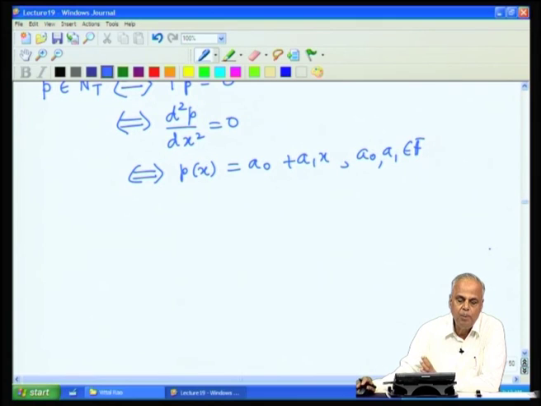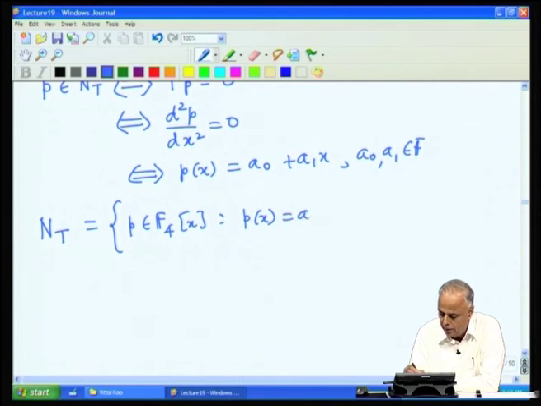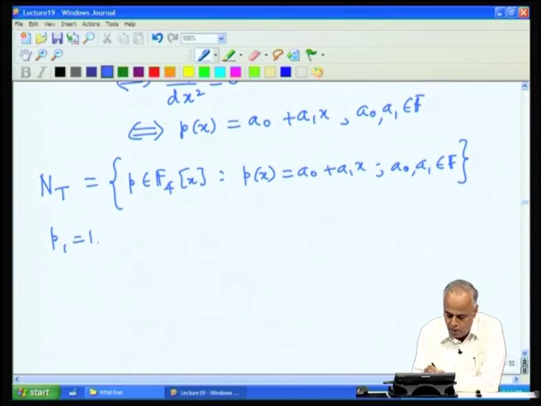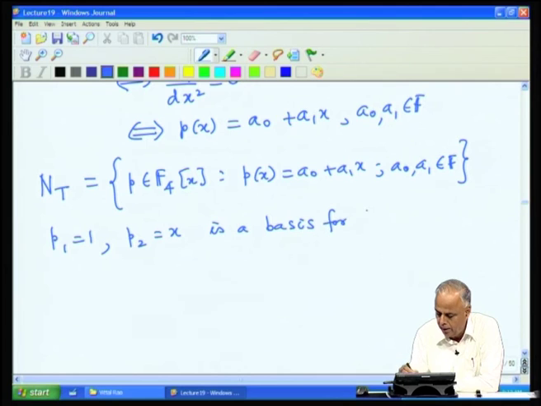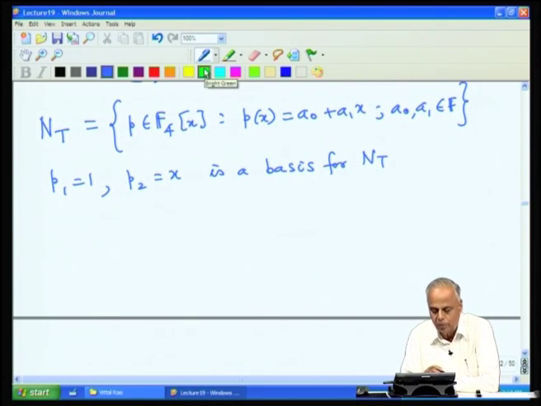Therefore, only linear polynomials qualify to be in the null space of T. So, we get the null space of T consists of all those polynomials in F4[x] which are of the form p(x) = a0 + a1 x, a0, a1 in F. Now, clearly p1 = 1, p2 = x is a basis for N(T), because as is seen here, every other polynomial is a linear combination of the polynomial 1 and the polynomial x, and therefore, they form a spanning set and they are obviously linearly independent, and therefore, they form a basis.